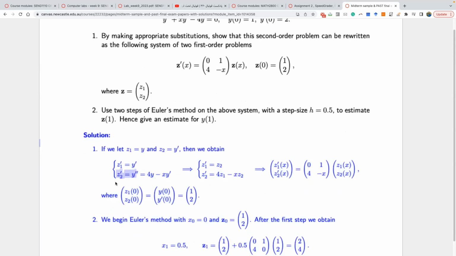So from here, Z1 equals y, Z2 equals y prime. As always, if you write this one, then the rest will come automatically. So then Z1 prime, Z2 prime. What is Z1 prime? It is y prime. What is y prime? Z2. Okay. Z2 prime equals y double dash. So y double dash comes from the original ODE.